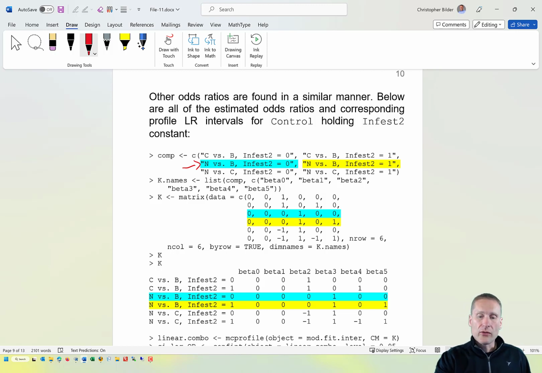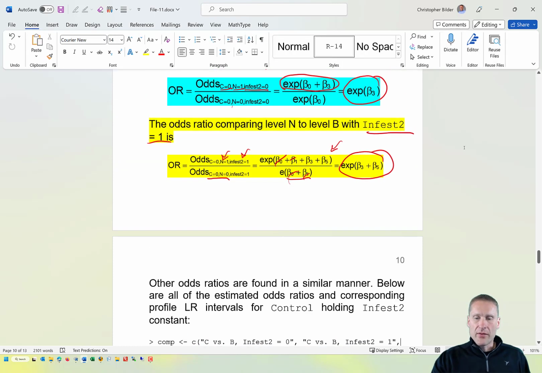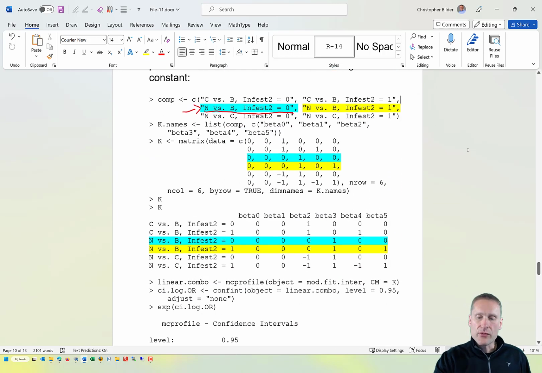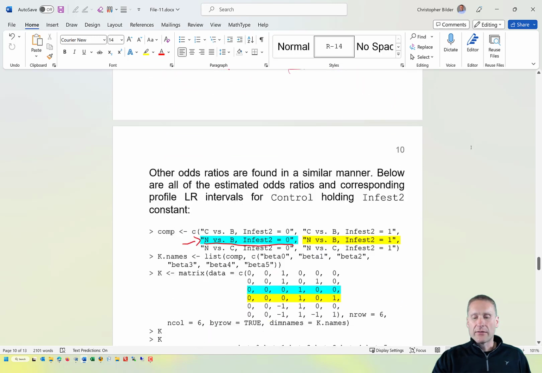We're going to first look at N versus B with infest2 equals 0. Remember, that only involves beta 3. So when I form my K matrix, I only need to worry about beta 3 as having a non-zero value. But when I do N versus B with infest2 equal 1, now I have beta 3 and beta 5.